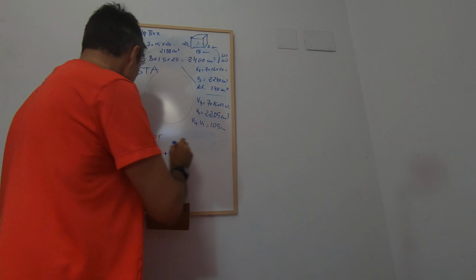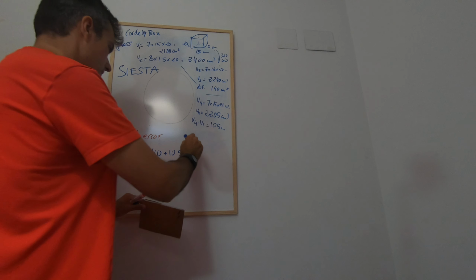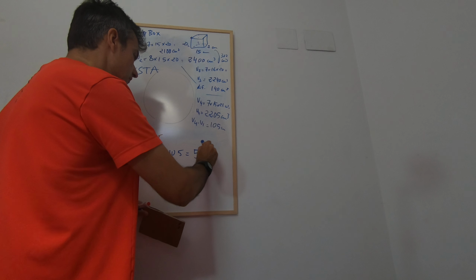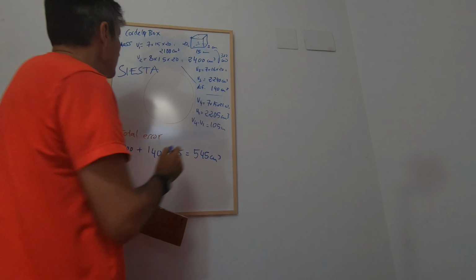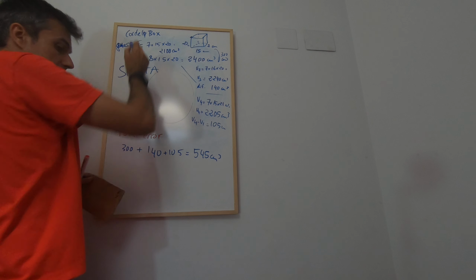If you sum everything, it will be 300, 400, 500, 545 cubic centimeters.